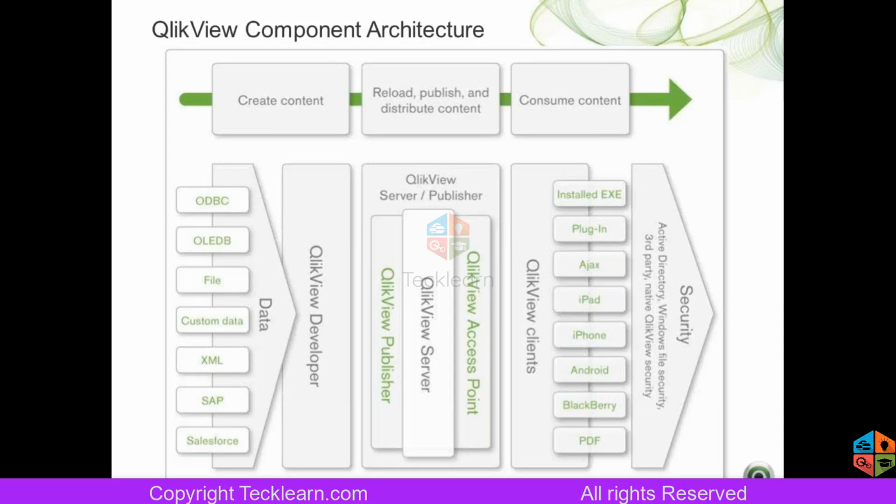The difference is in the second one, server and publisher, in one set of files you need to apply 2 licenses. If you want the server, you need to apply the server license. If you want the publisher, you need to apply the publisher license. The only difference is there will be source documents and user documents available. Source documents are for the publisher and user documents are for the ClickView server.